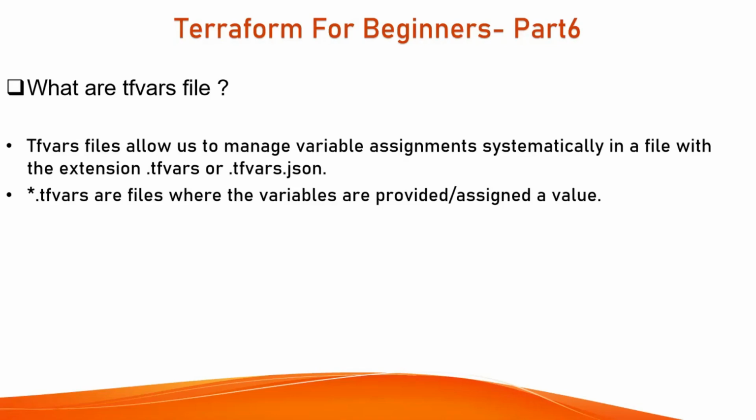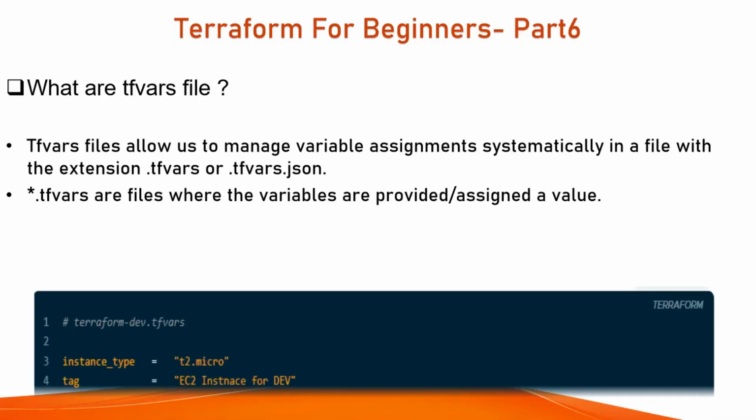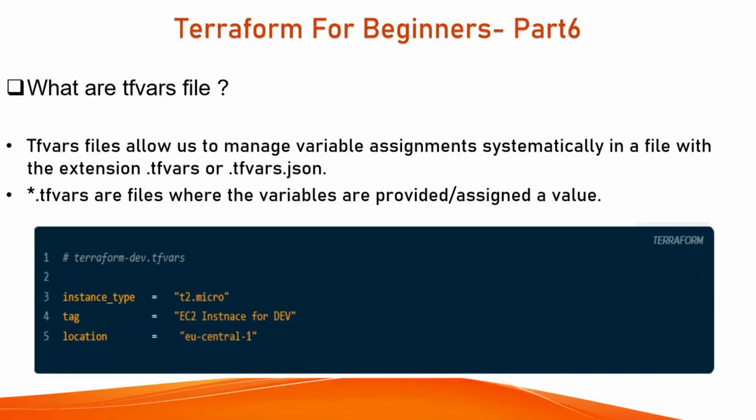Now, as I mentioned, the tfvars files are the files where the variables are provided or assigned a value. Now, how can you declare this tfvars file? If you see the example on the screen, I have a terraform-dev.tfvars file, and in that I have given the actual values to the variables, which are instance type, tag, and location.